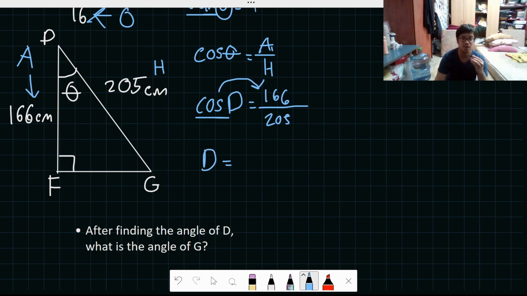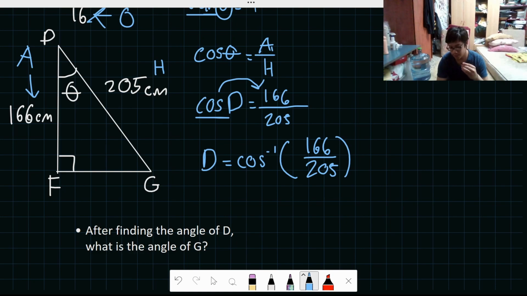So D is equal to cosine, then put a negative 1 here, but it doesn't mean that it is a negative 1. This represents the inverse function of cosine. So cosine, then open parenthesis 166 all over 205 and close parenthesis. That's it. So this is arc cosine of 166 over 205. Arc cosine and inverse cosine are actually just the same, right?